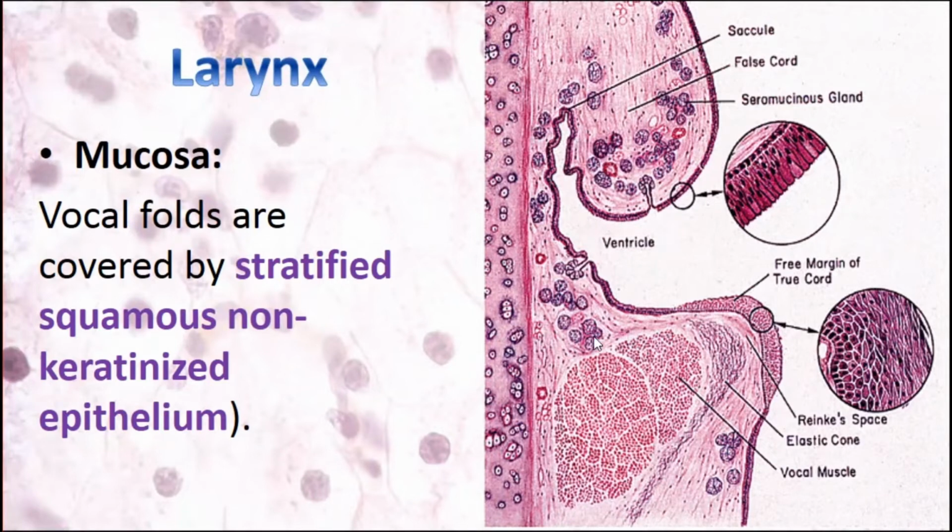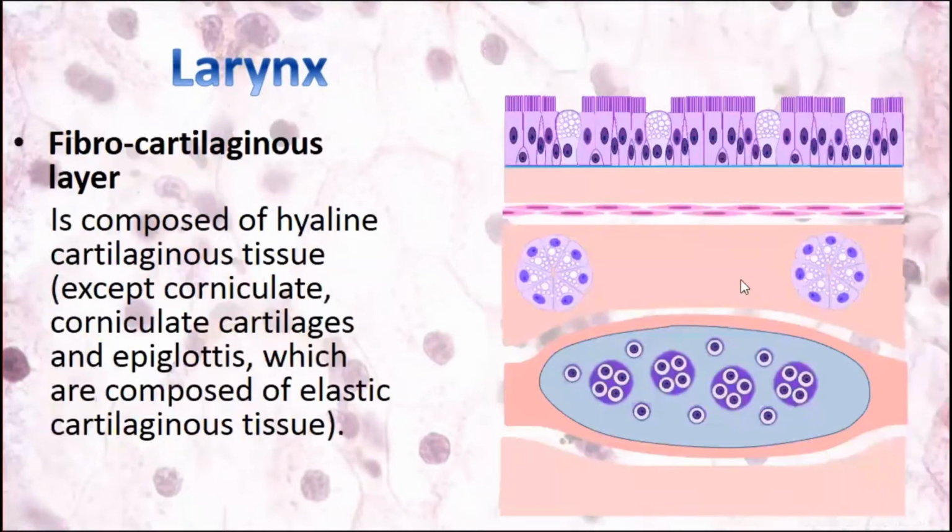And one more difference: in true vocal folds we have the vocal muscle, a skeletal voluntary muscle, and in false vocal folds we don't have this muscle; it's only a fold of mucosa and submucosa with glands. The fibrocartilaginous layer is composed mainly of hyaline cartilaginous tissue, but there are some exceptions.